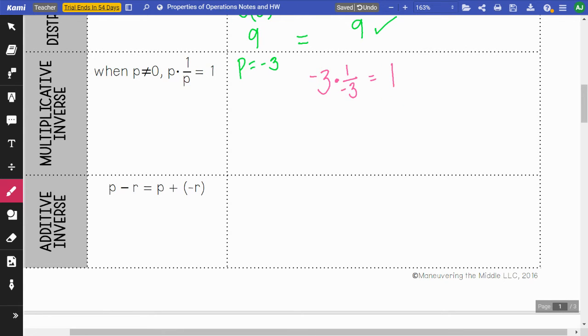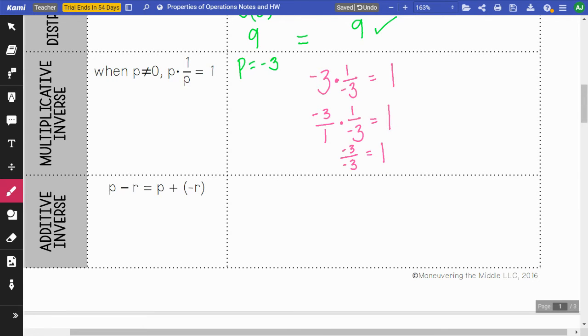And just showing you how this works, when we have a whole number, it's always over 1. Negative 3 times 1 is negative 3. On the bottom, negative 3 times 1 is negative 3. A negative divided by a negative is a positive. Okay, so 1 equals 1.